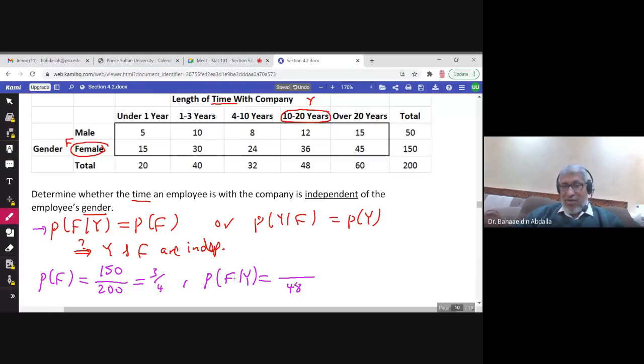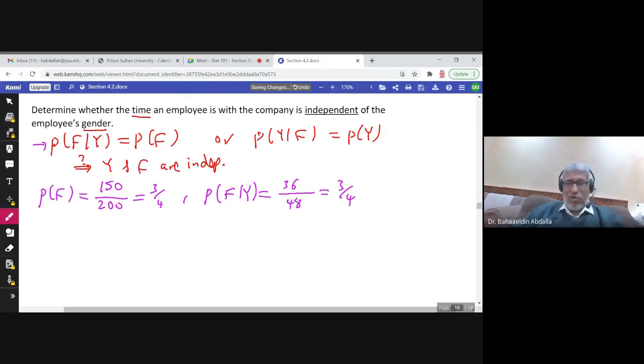And for the probability of F, I'm looking for the females here. The females here are 36. So the probability of F given Y would be 36 over 48. If you divide, you will find it is 3 over 4. So the probability of F is actually equal to the probability of F given Y. This immediately proves that F and Y are independent, hence time and gender are independent.